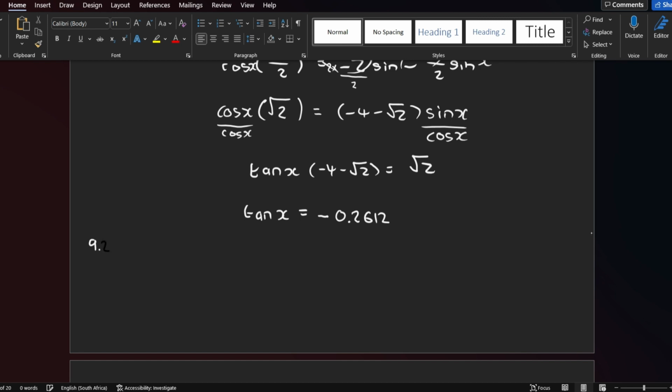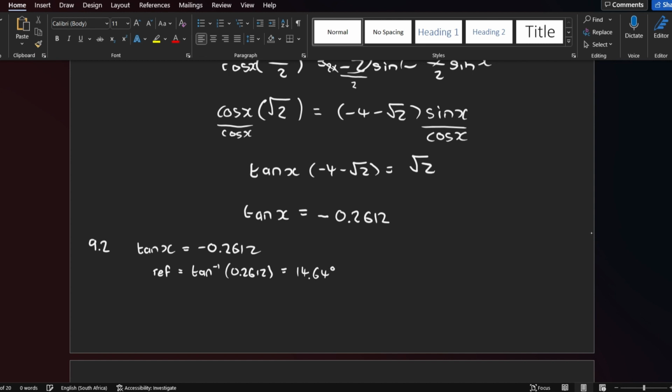So question 9.2, we already have tan x equals negative 0.2612. We determine our reference angle, shift tan of 0.2612, and we get 14.64 degrees.